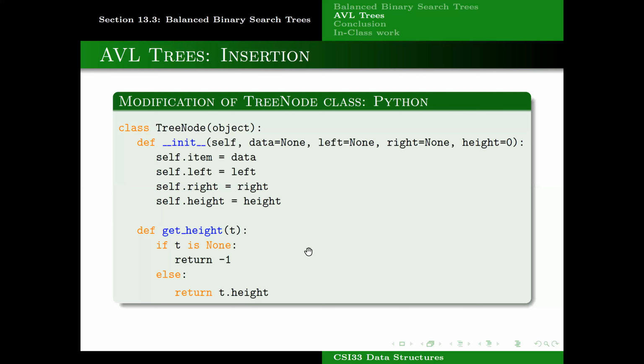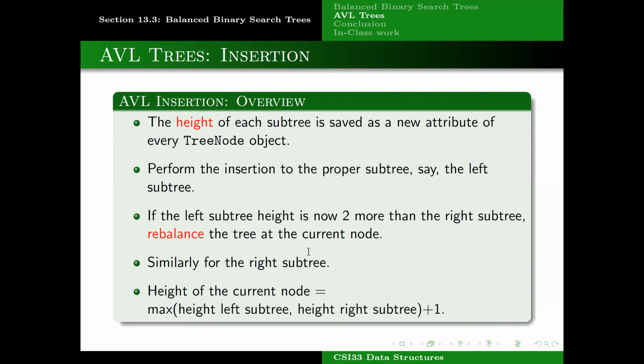Okay, now, going back, we will perform the insertion to the proper place. The leaf will be created, and then we rebalance. So for example, if we were doing the insertion into the left subtree, and this left subtree now has a height of 2 more than the right subtree, then we will rebalance the tree at the node that we are right now at, where we notice the problem.